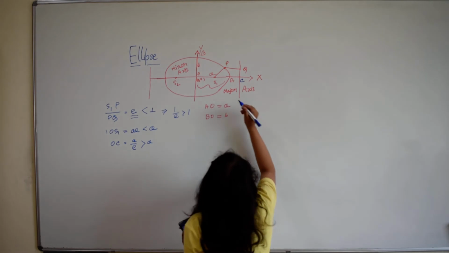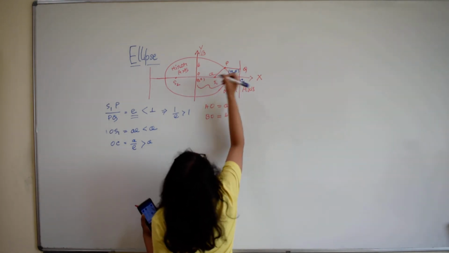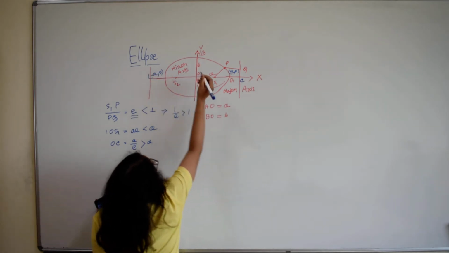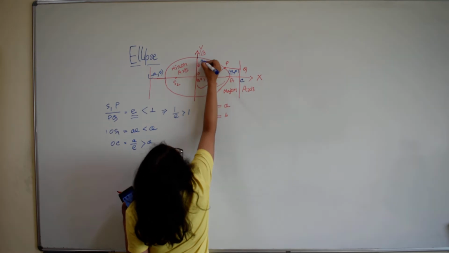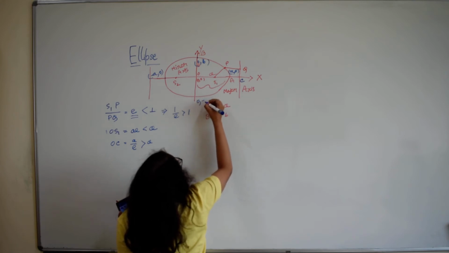So the coordinates of this point will be a comma 0. This point will be minus a comma 0. This point will be 0 comma b. This point will be 0 comma minus b.